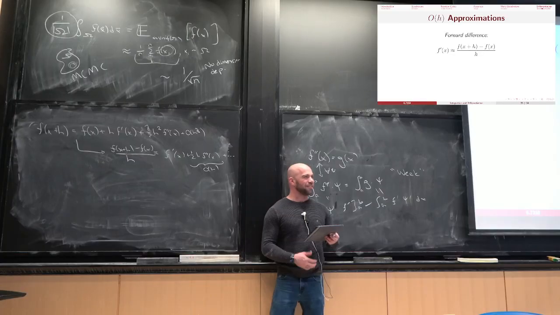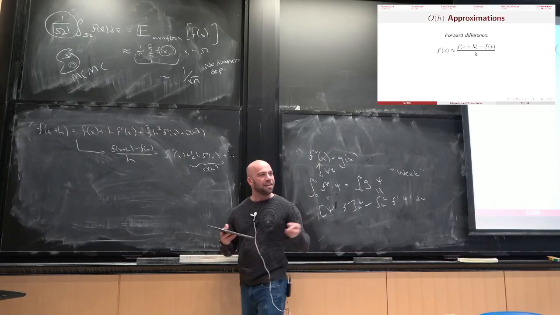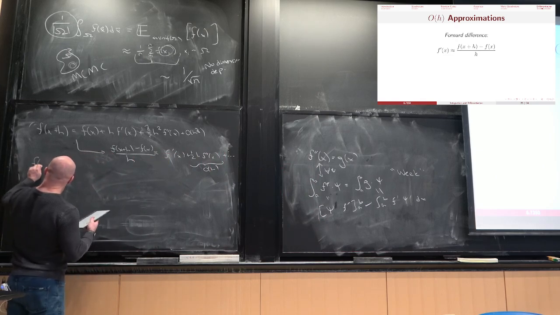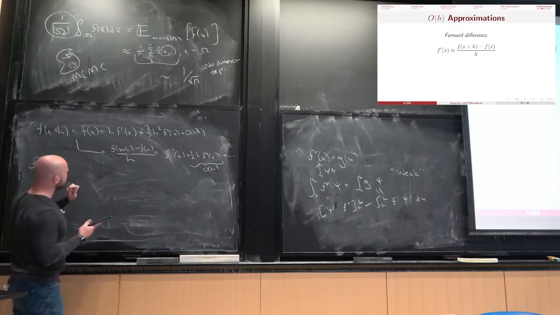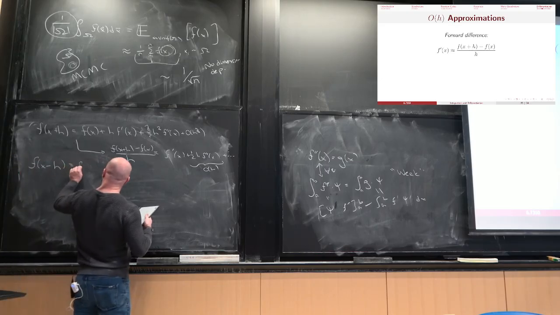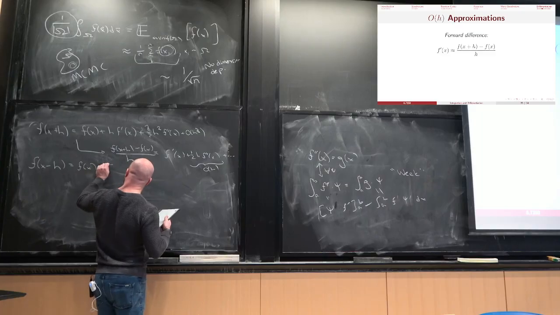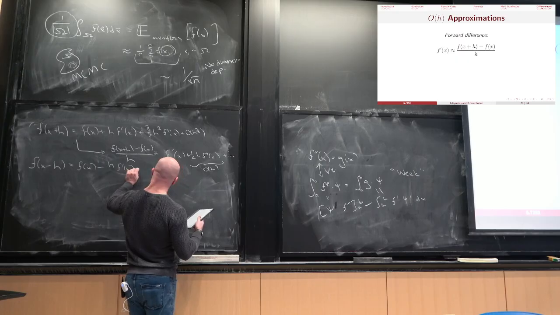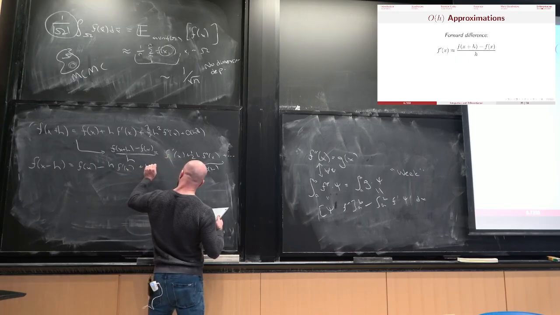Okay. Now, one thing we could do is just for fun and profit, see if we can derive some other estimators of this thing and see if they have better properties. There's one really dumb estimator, which is if we also do f of x minus h, kind of applying similar symmetry arguments to what we had in our previous lecture on quadrature, then of course this is f of x minus h f prime of x plus 1/2 h squared f double prime of x plus order h cubed, like that.